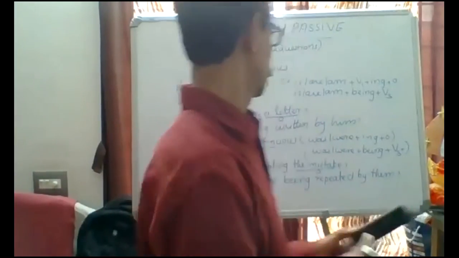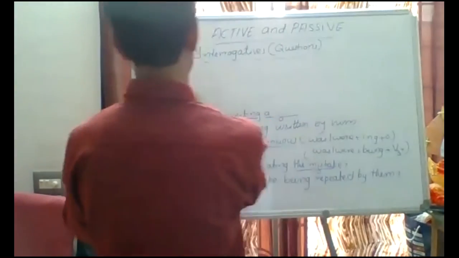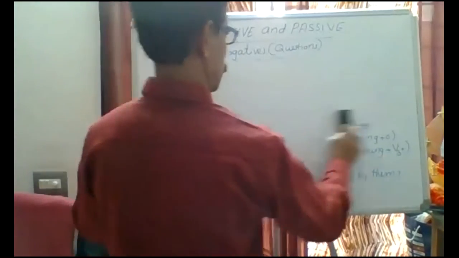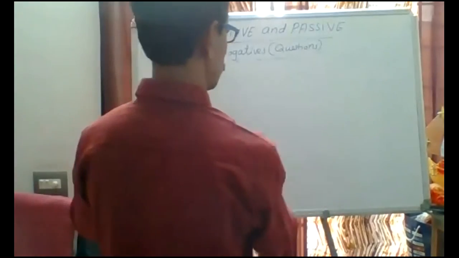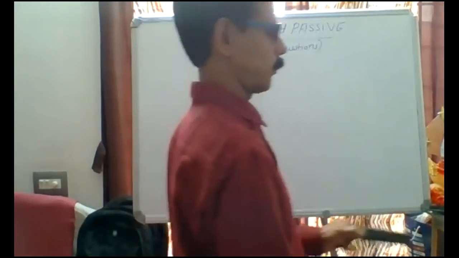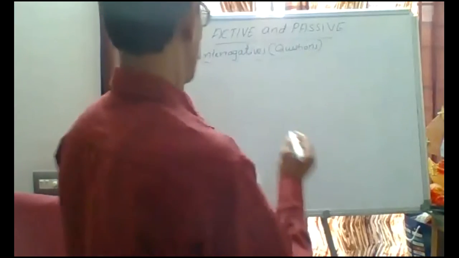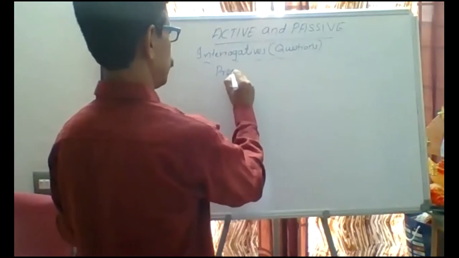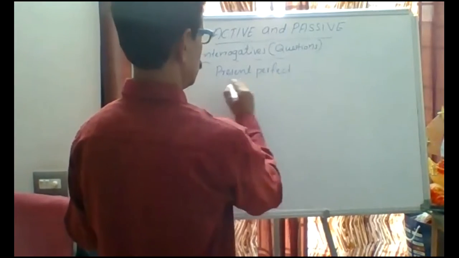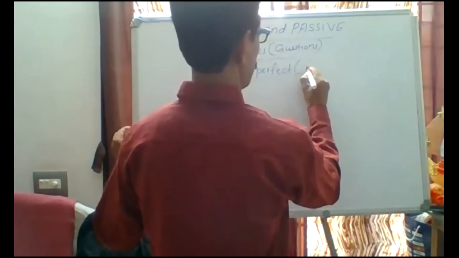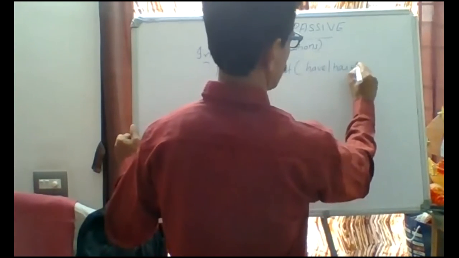Right. Now our attention is towards present perfect interrogatives. When you hear present perfect, you must remember it uses the third form of the verb. In all the perfect tenses, the third form of the verb is used. If I take present perfect, the structure is subject plus have or has plus V3.